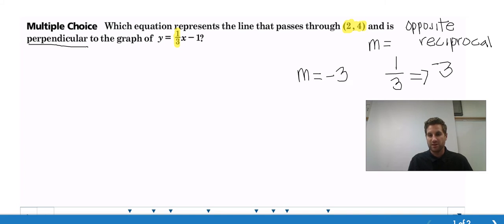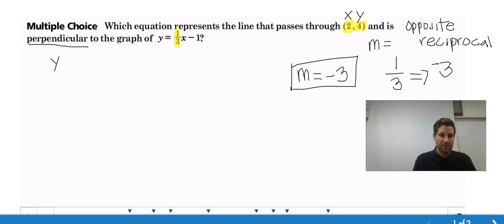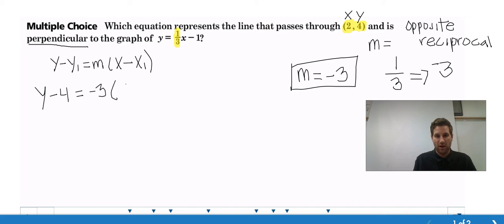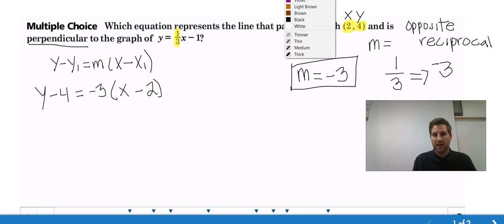So I'm going to use this slope plus these points, x comma y, in my slope-intercept form. Let's go ahead and plug it in. We get y minus 4 equals negative 3 times x minus 2. Again, next step, we're going to distribute this in.